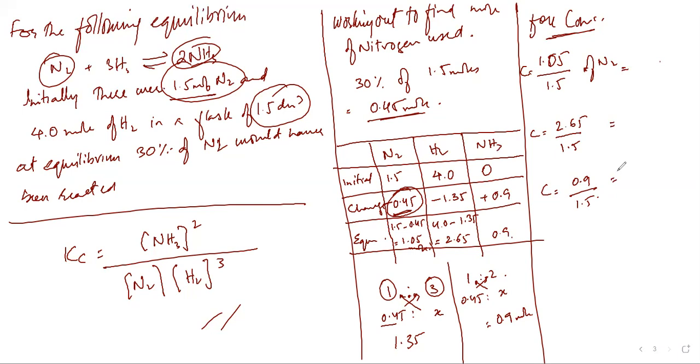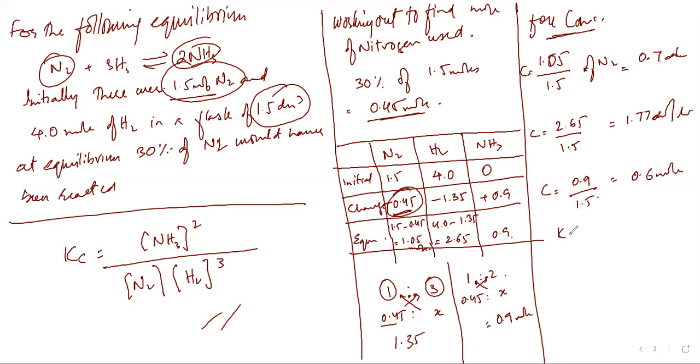What are the numbers that you will get? My calculator says this will become 0.7 mol per dm cube. This becomes 1.77 mole per dm cube, and this becomes 0.6 mole per dm cube.